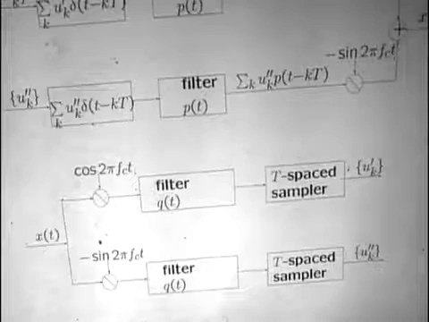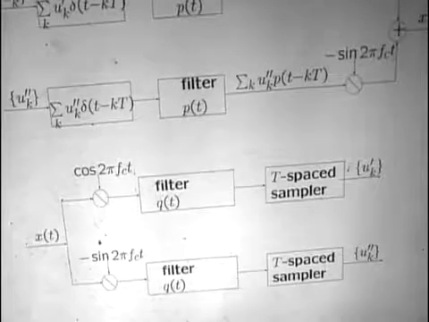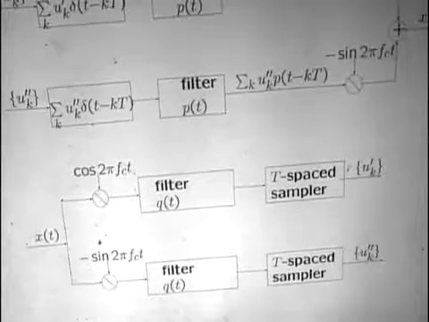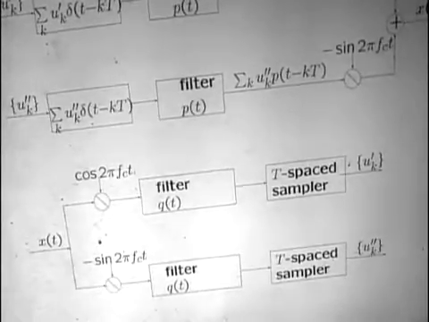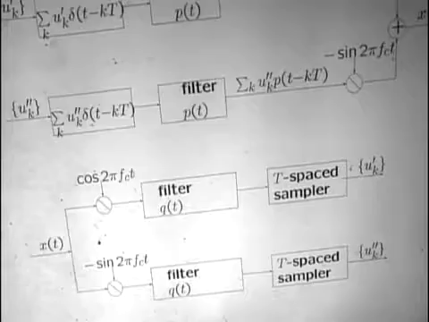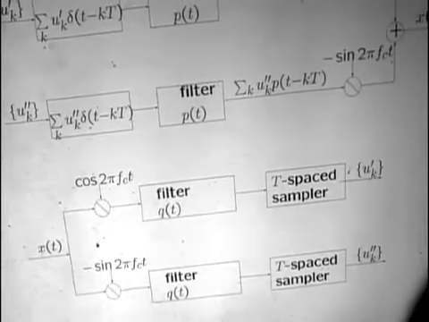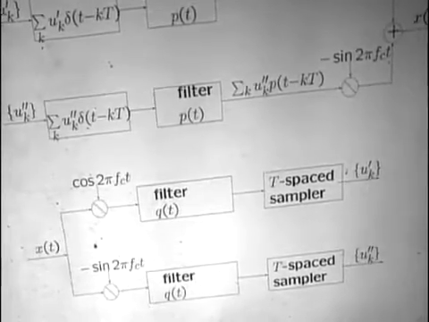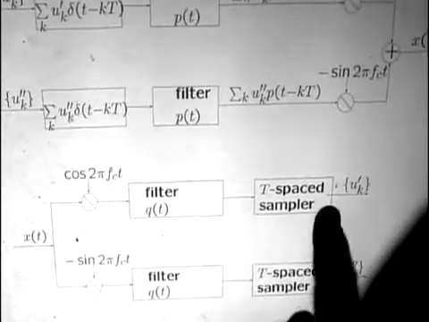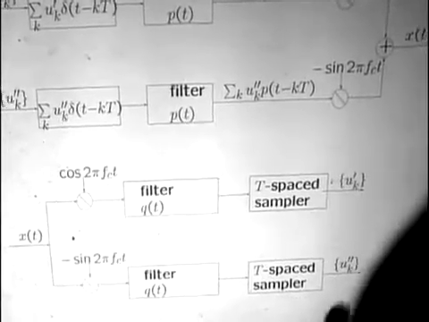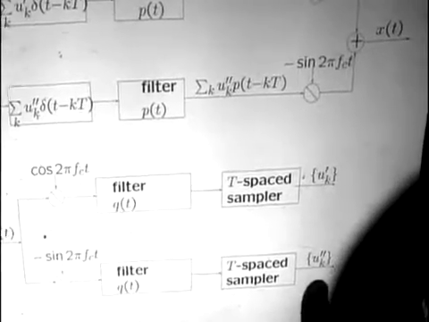It doesn't make any difference. It's just that when you look at things in terms of complex exponentials, this turns into a minus sign, and this turns into a minus sign. Okay, we then filter by q of t, the same filter, and we wind up going through the T-space sampler, and the output u sub k prime.